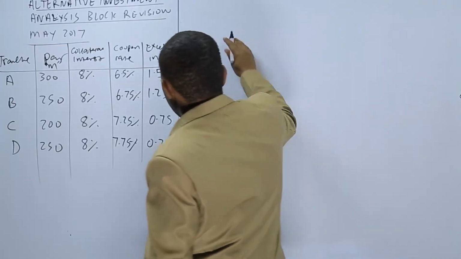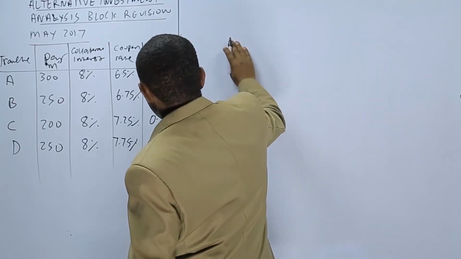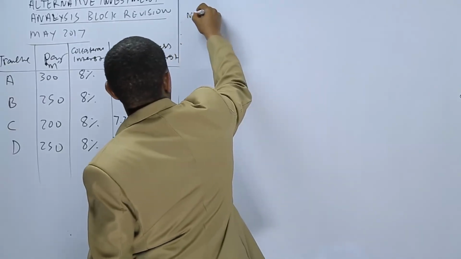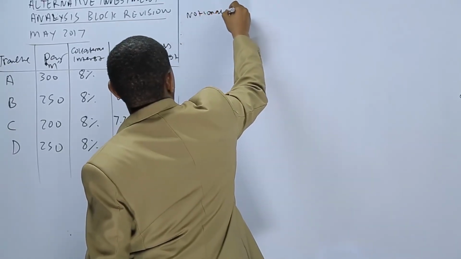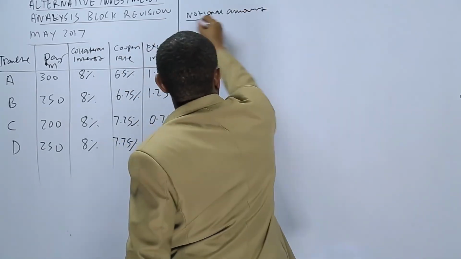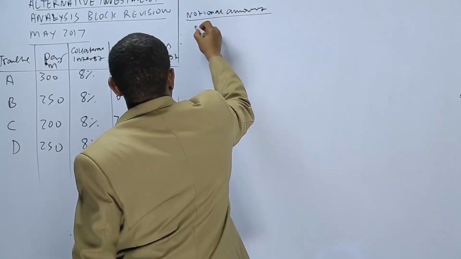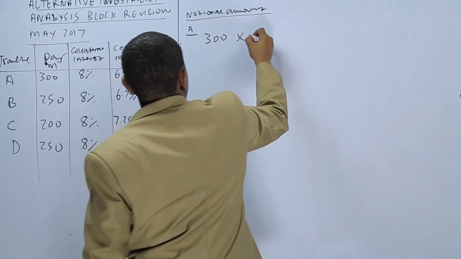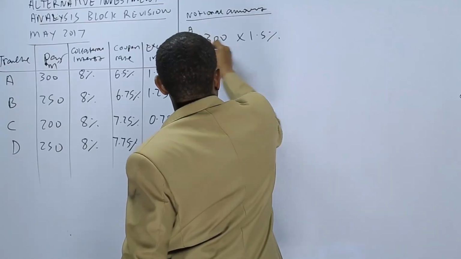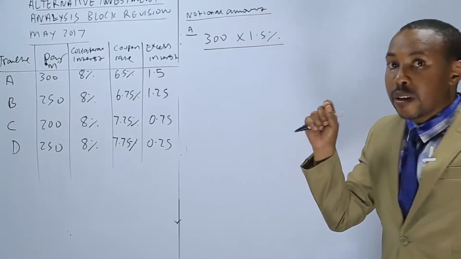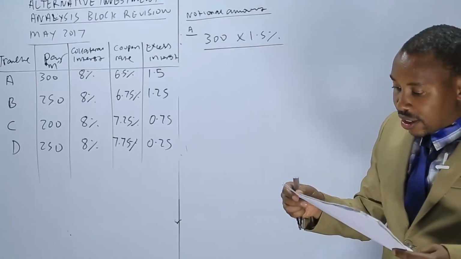So we can say now to compute the notional amount, we need to first of all get the par value. For A, it is going to be 300 multiplied by 1.5% over the intended interest that you actually are trying to create.